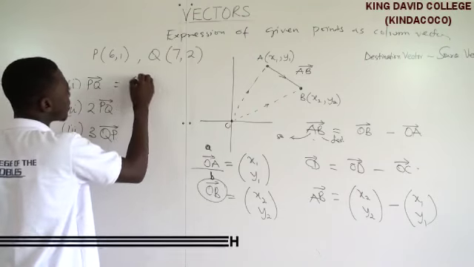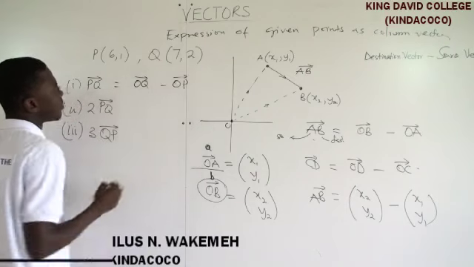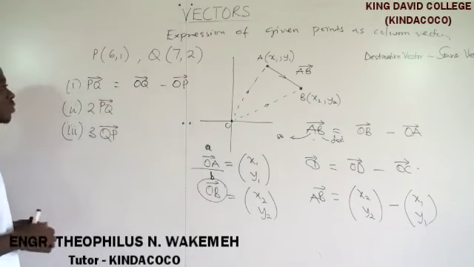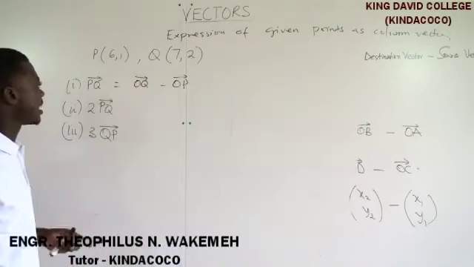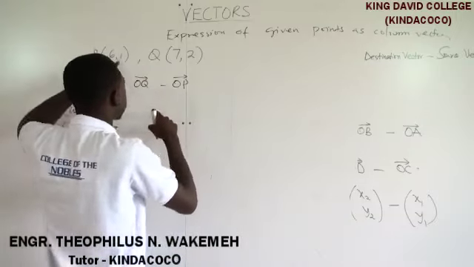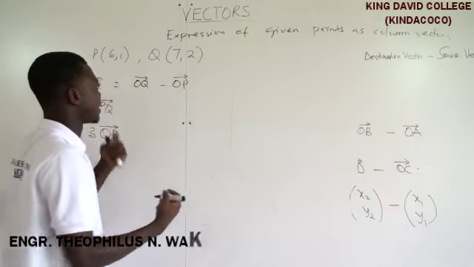OQ minus OP. So OQ minus OP, then what would they be? OQ is this point now written in a vector format.